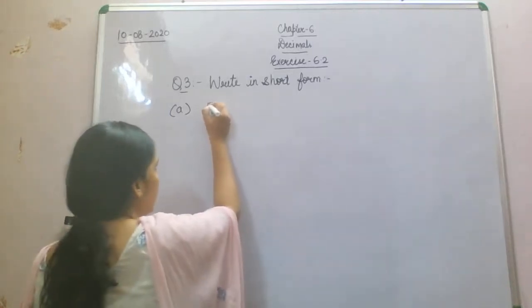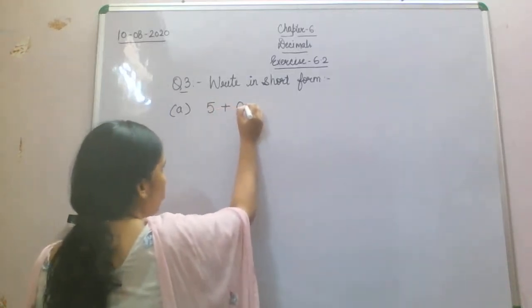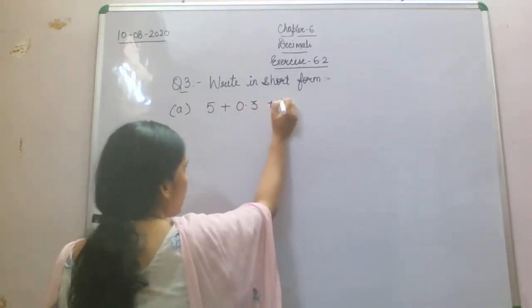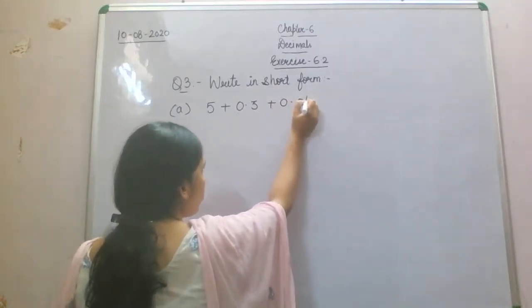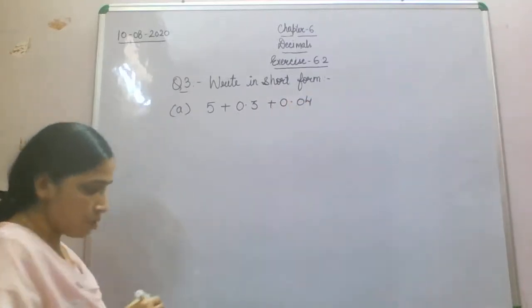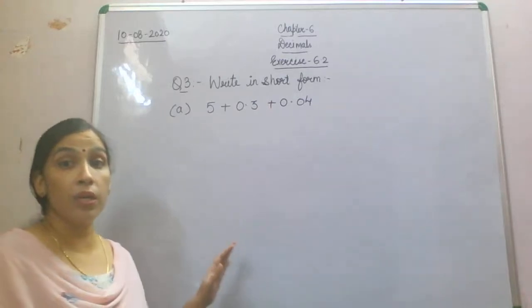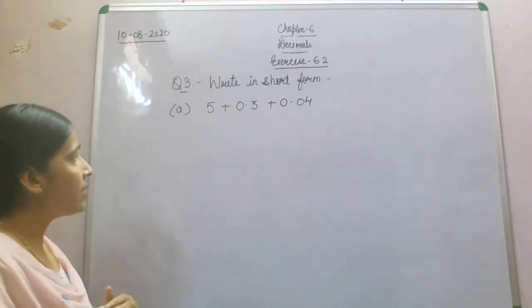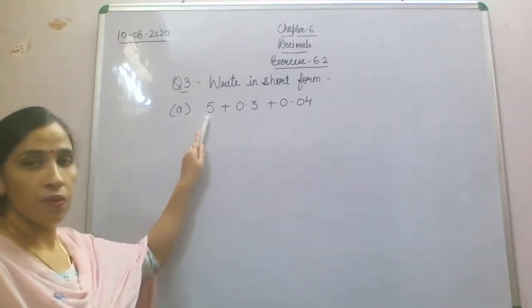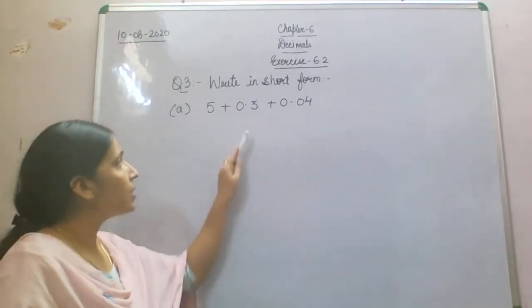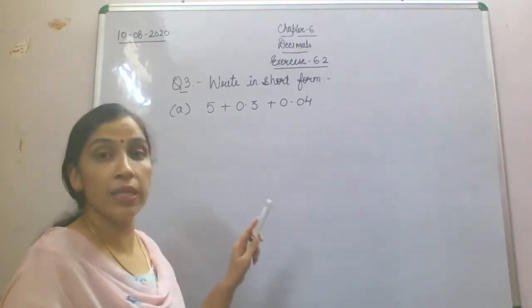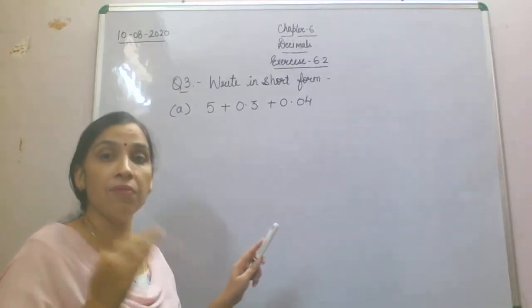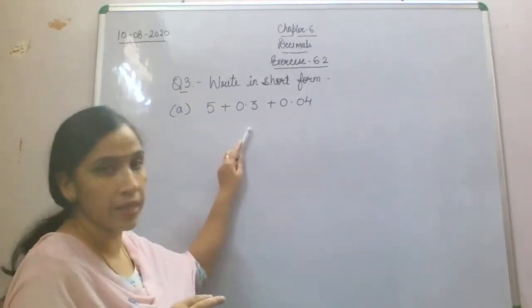5 plus 0.3 plus 0.04. Now children, see this question, you have to understand it very carefully. 5 is the whole number part. 0.3 is 3/10, meaning after the decimal this is the first place.